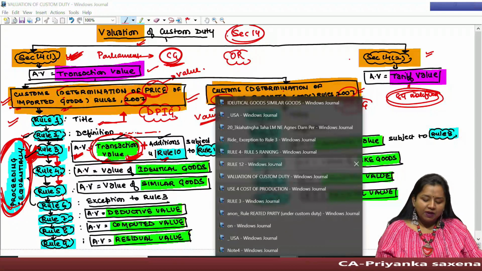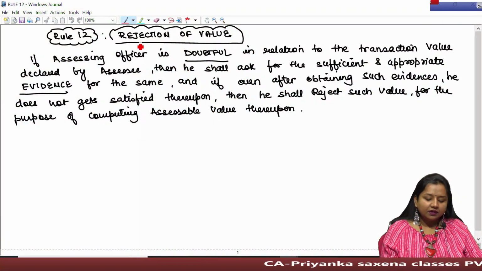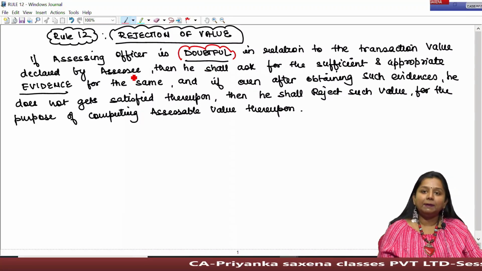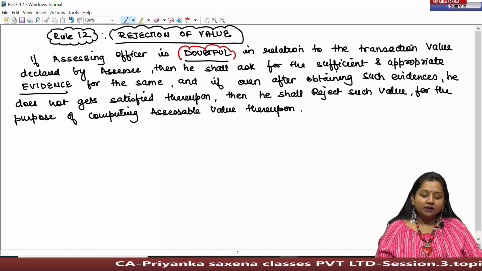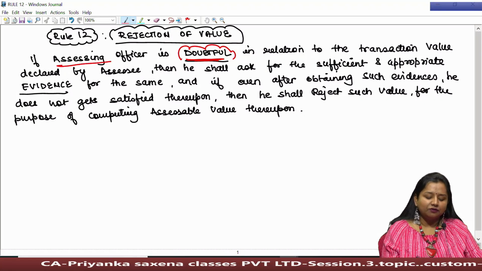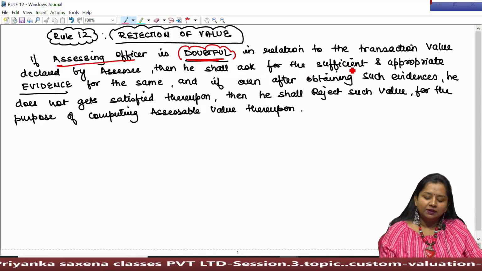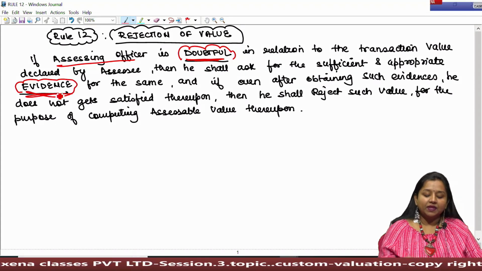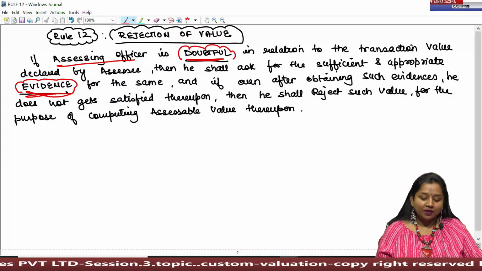that it may be possible that the assessing officer is doubtful in relation to the transaction value declared by the assessee. The transaction value shown in the invoice by the assessee is found to be doubtful by the assessing officer, and if such doubt arises, then the officer shall be liable to ask for sufficient and appropriate evidence from the assessee, and the assessee shall be liable to provide evidence thereupon.